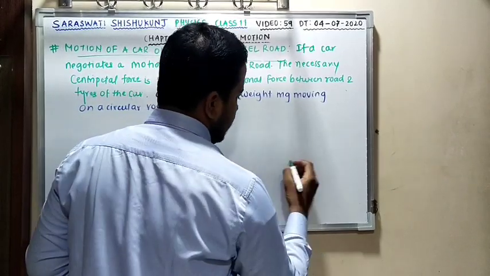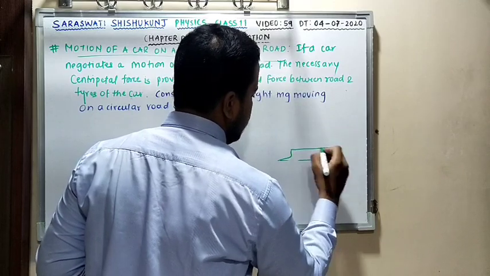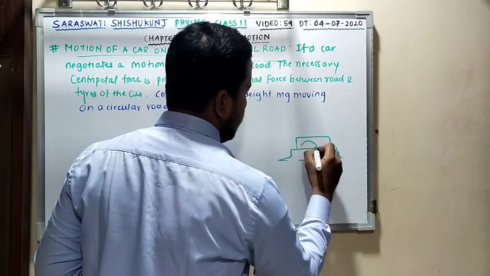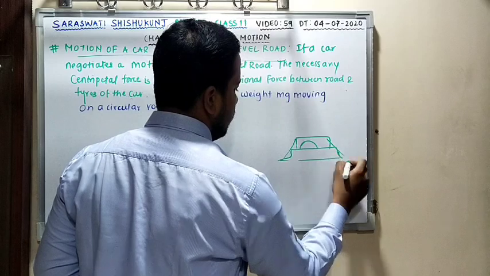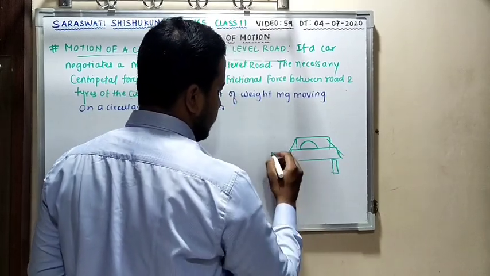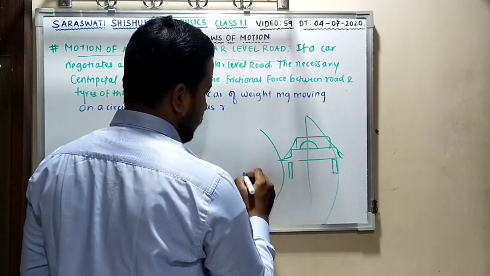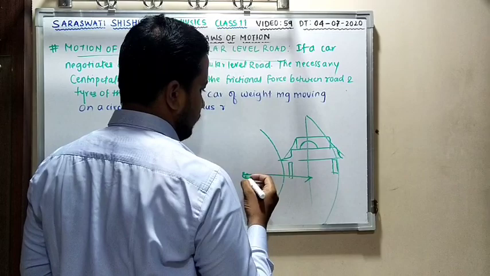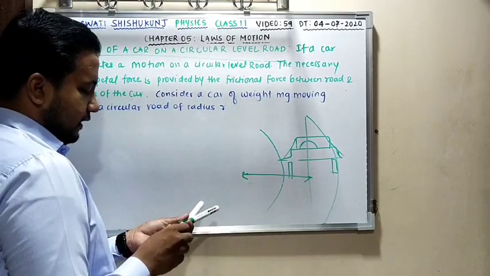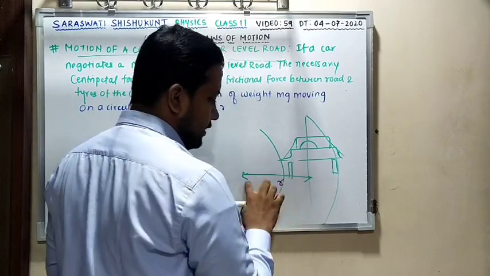So let us consider a car over here. I am drawing a car. Suppose this is your car and these are your two tires. From the center, the radius is r, the radius of the circular track.